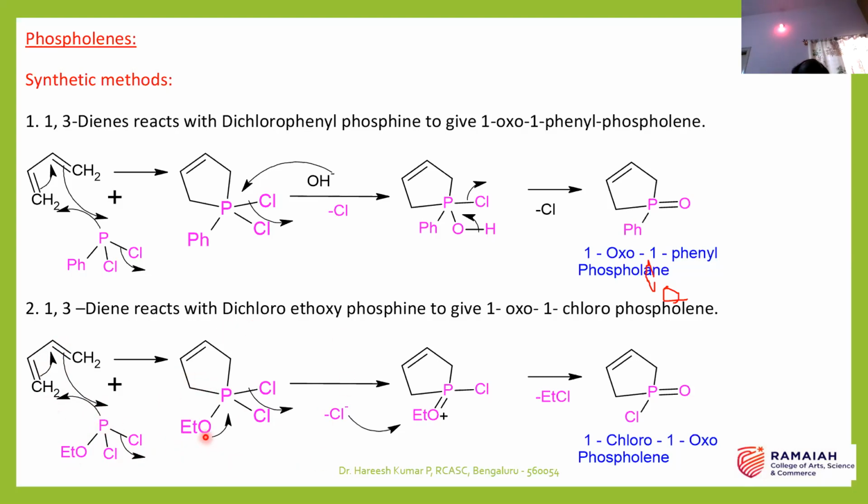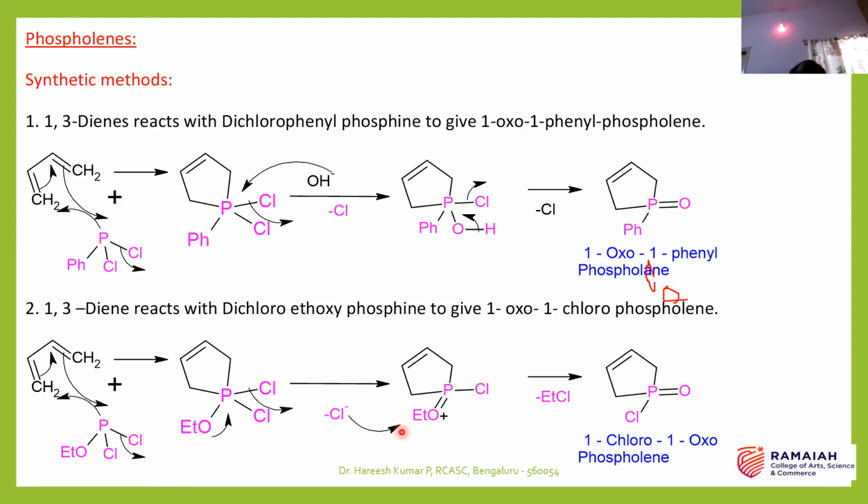At this moment, the lone pair present on the oxygen itself is involved in a bond formation, and Cl will go out. Here the Cl is the leaving group, and it won't go completely. Again, the Cl minus forms a bond with the ethyl group. Because there is an involvement of the lone pair, the bond between the oxygen and carbon weakens.